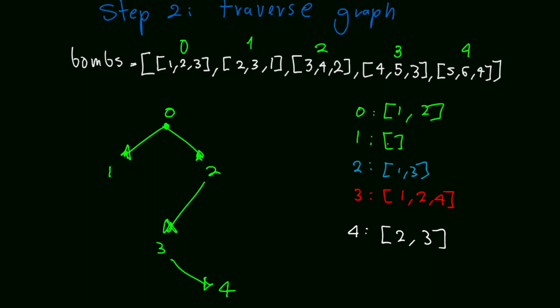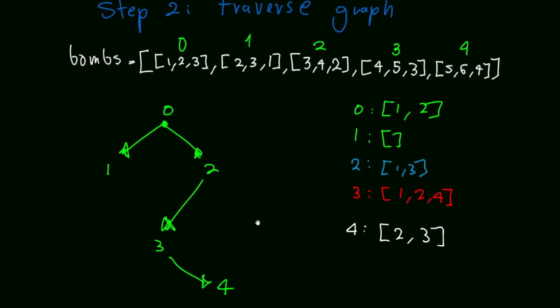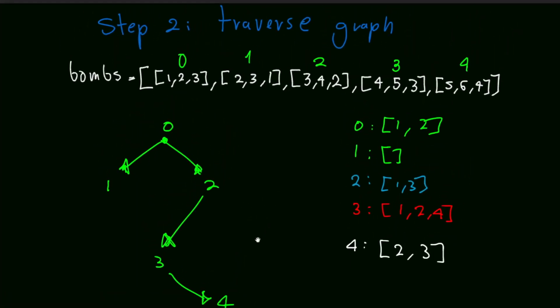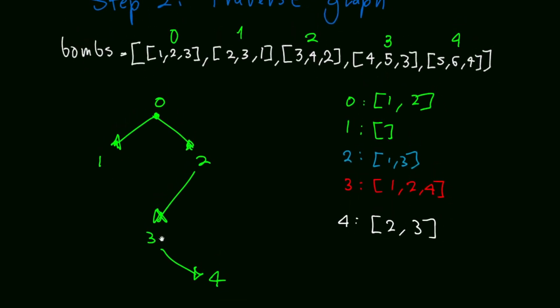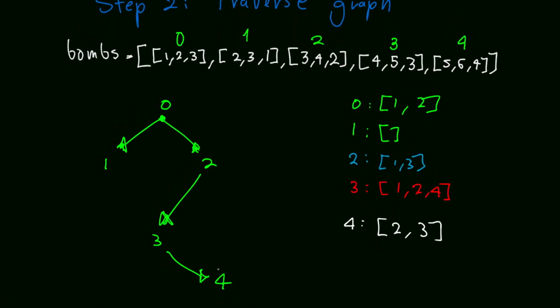For node 2, we see that we have neighbors 1 and 3, but we already visited 1, so it's no use to visit it again. We would enter an infinite loop. For the other node, which has 3 as a neighbor, we go deeper. For 3, we also have neighbors 1 and 2, but we already visited them. And then we end up at node 4.